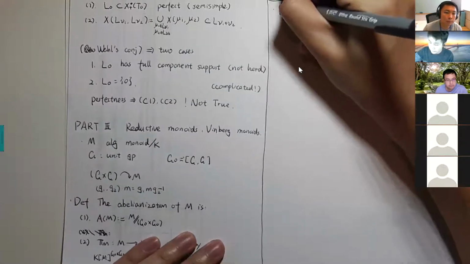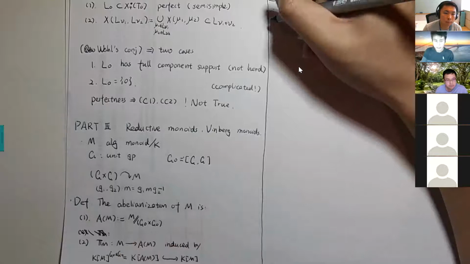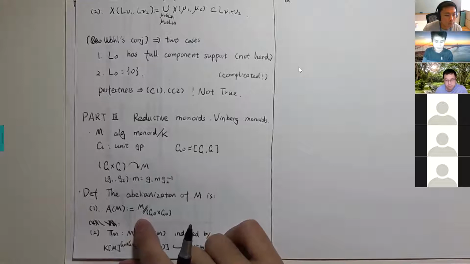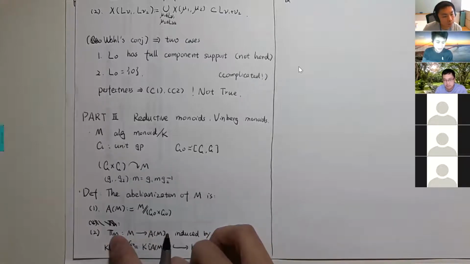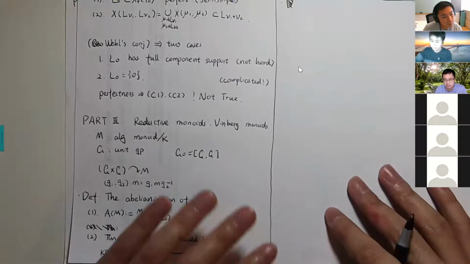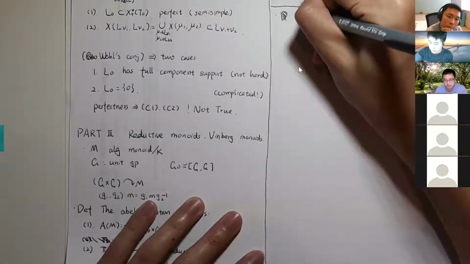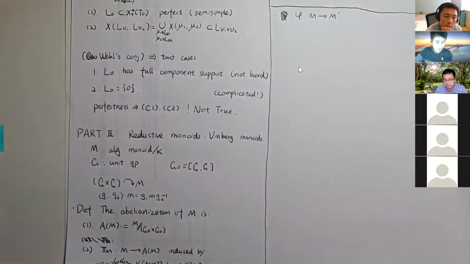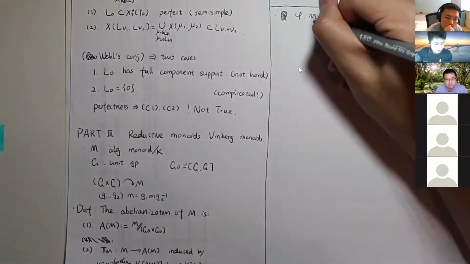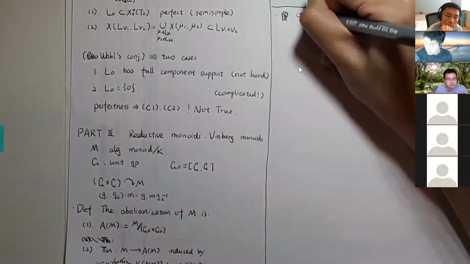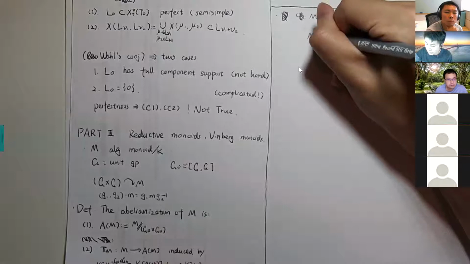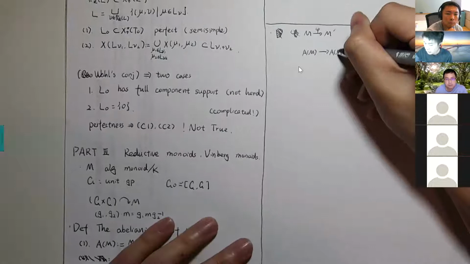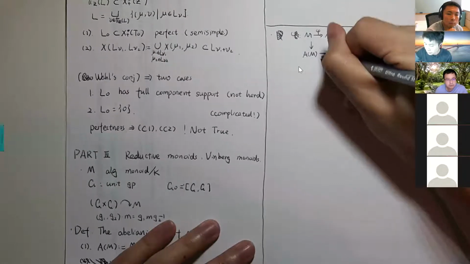Then actually Vinberg showed that this AM has a structure of commutative monoid, so that's why it gets called the abelianization, such that this pi M is a morphism of algebraic monoids. Moreover, any morphism of reductive monoids induces a morphism between abelianizations such that this diagram commutes.